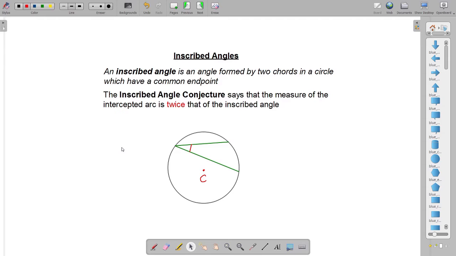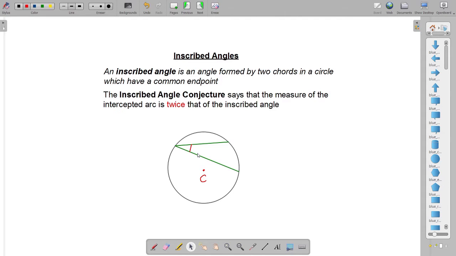Through the inscribed angle conjecture, we are given the relationship between the intercepted arc and the inscribed angle. That relationship is that the intercepted arc is twice the inscribed angle. So what do I mean by that?